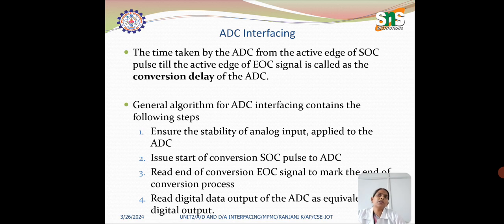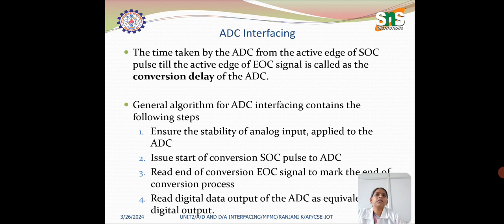The process of analog to digital conversion is slow, and the microprocessor has to wait for the digital data till the conversion is over. After the conversion is over, the ADC sends an end of conversion signal to inform the microprocessor that conversion is over and the result is ready at the output buffer of the ADC.